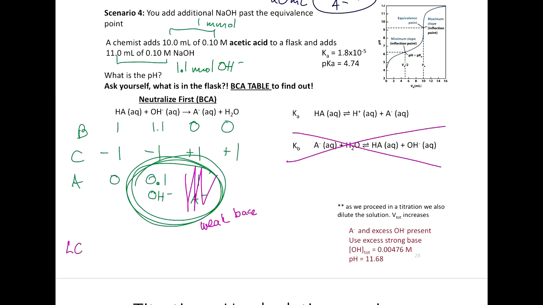So hydroxide concentration is equal to 0.1 millimole. That's how much was left over in the BCA table. But what is the total volume of the solution? 21 milliliters. Do you like millimoles and milliliters? Yeah, they're nice.